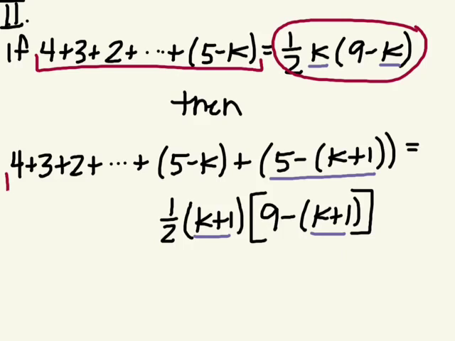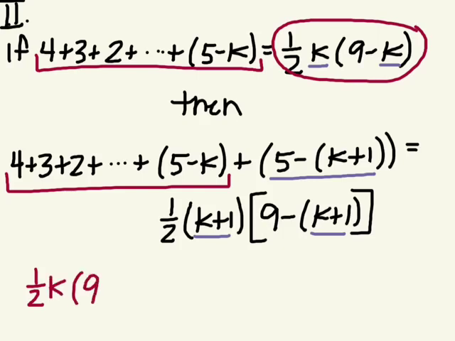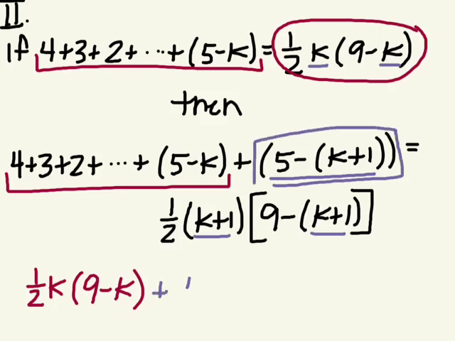So I can replace this right here with 1/2 k times 9 minus k. And then I just need to bring down that k plus 1 situation, this guy right here, to my problem, plus 5 minus k plus 1.